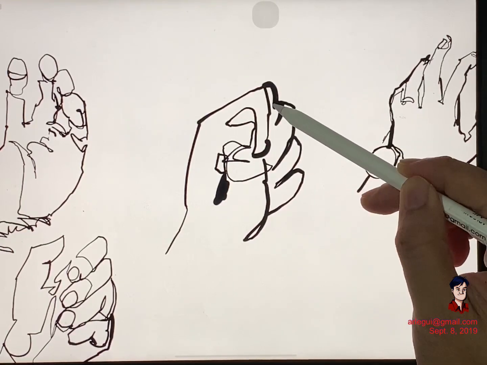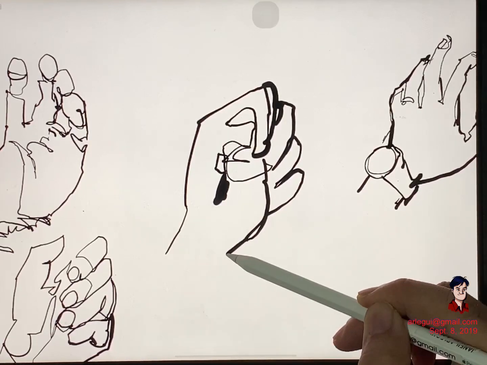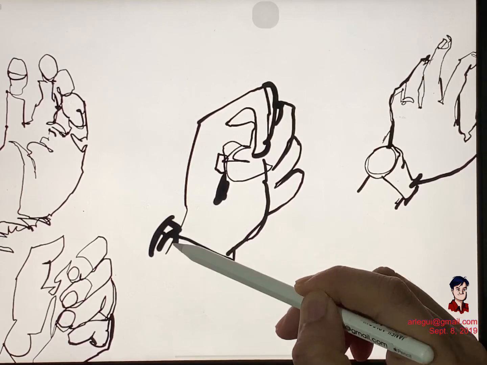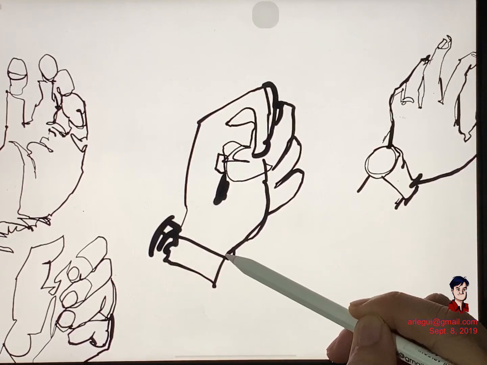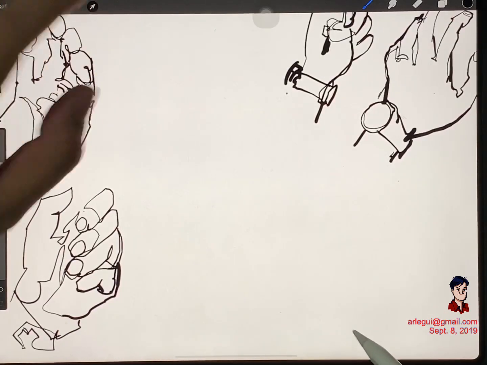Keep your eye constantly on the edges of your hand, and with your drawing hand, transcribe those lines or the edges of the hands onto paper.